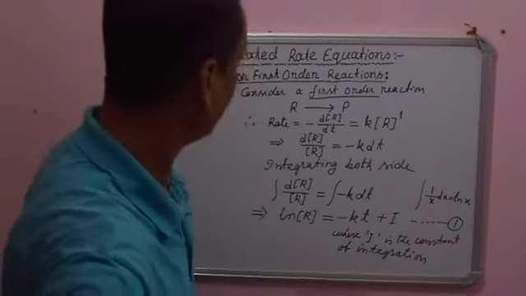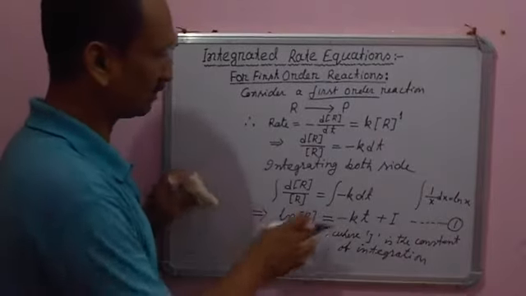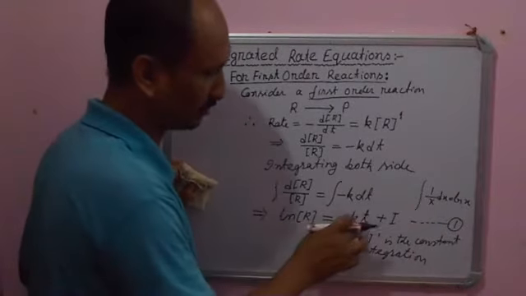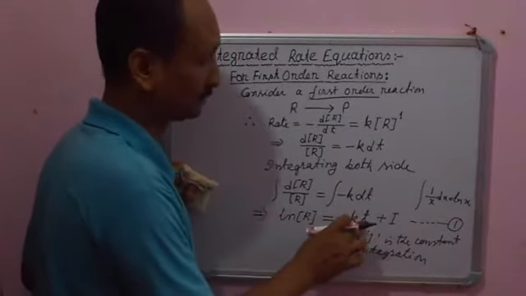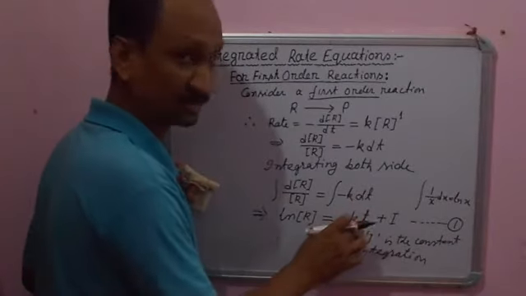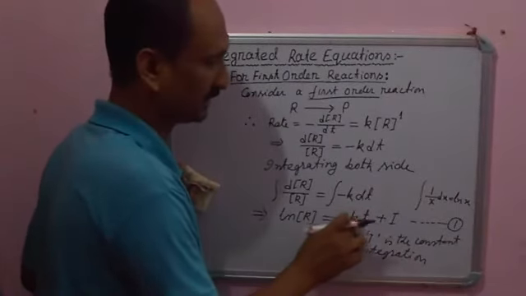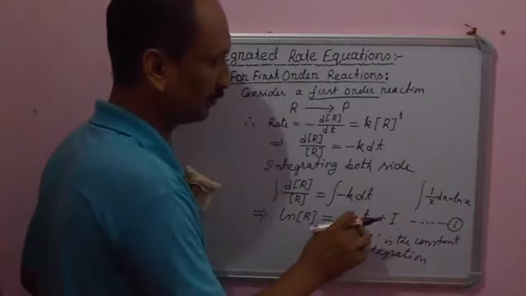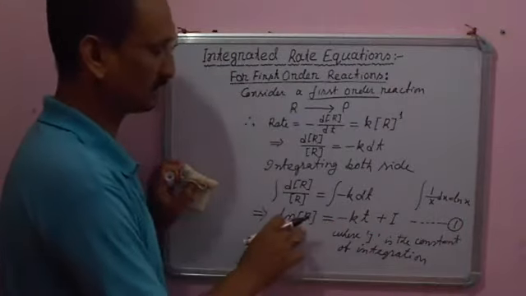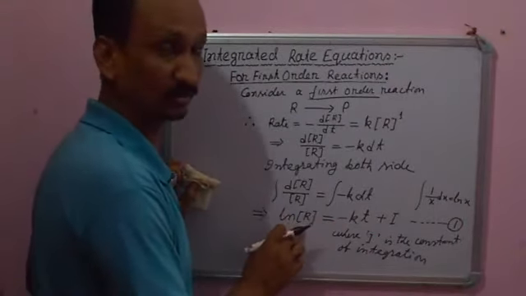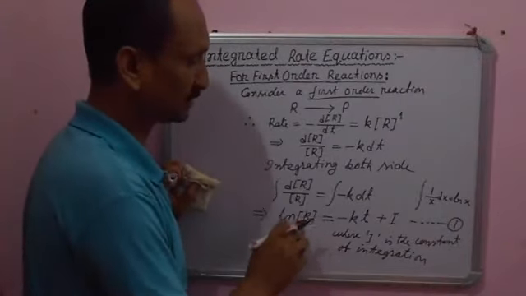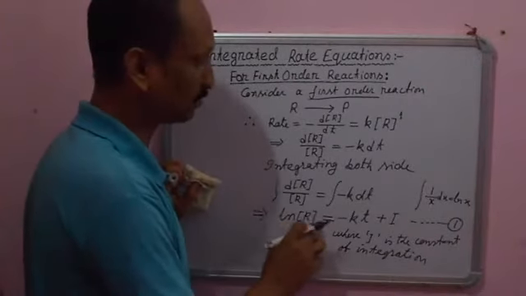Now, like in the zero order reaction, we will put some conditions. When t is equal to 0, that means at the start of the reaction or just before the start of the reaction, the concentration of the reactant will be equal to the initial concentration of the reactant, that means R will be equal to R naught.